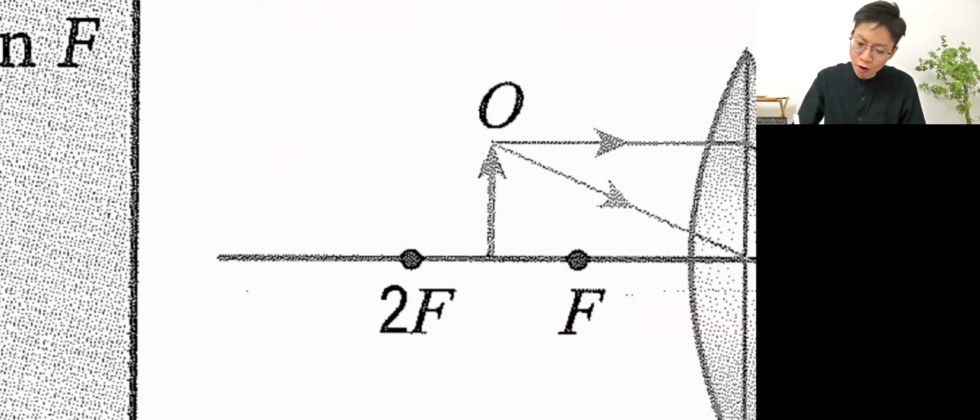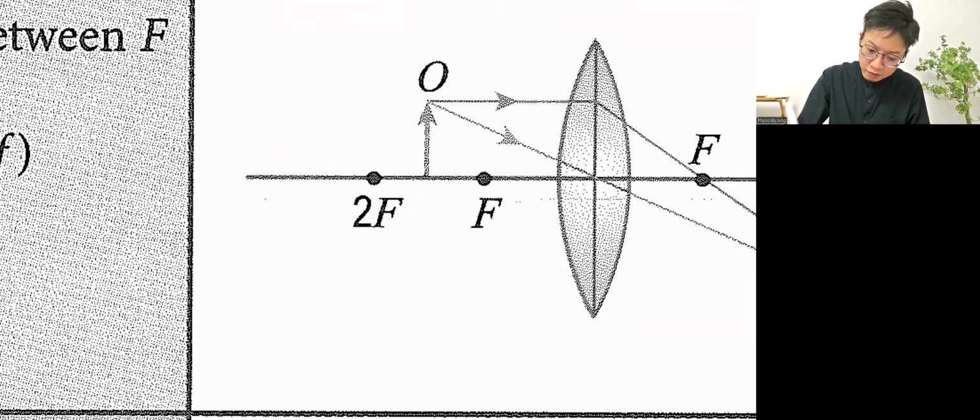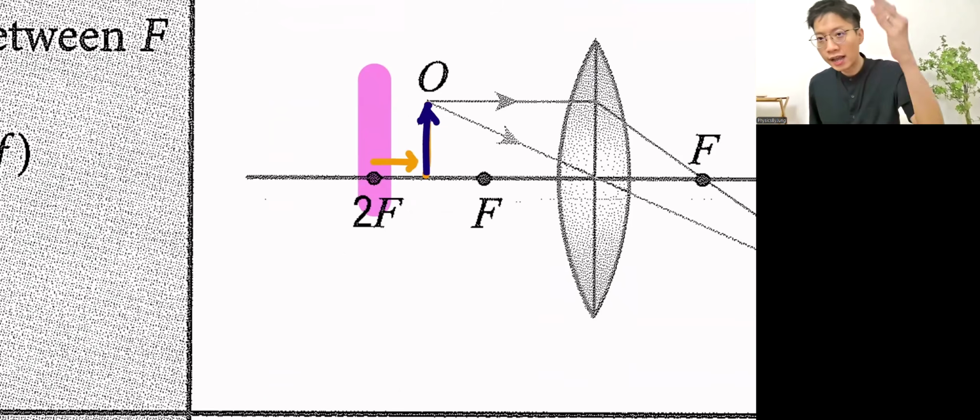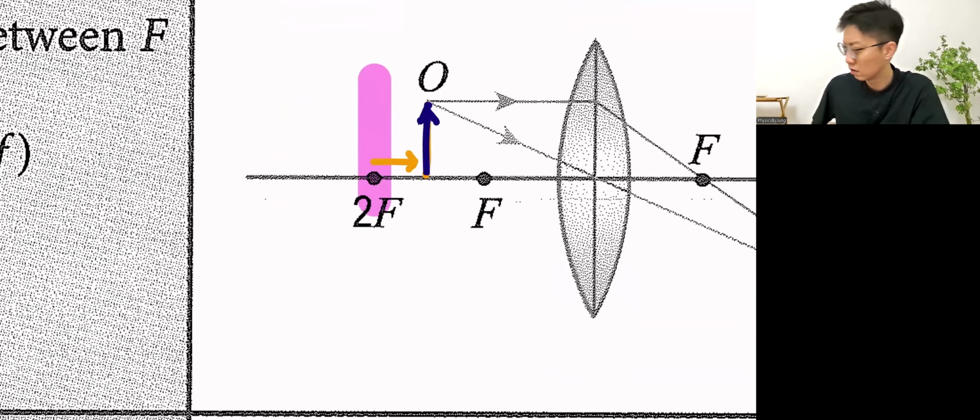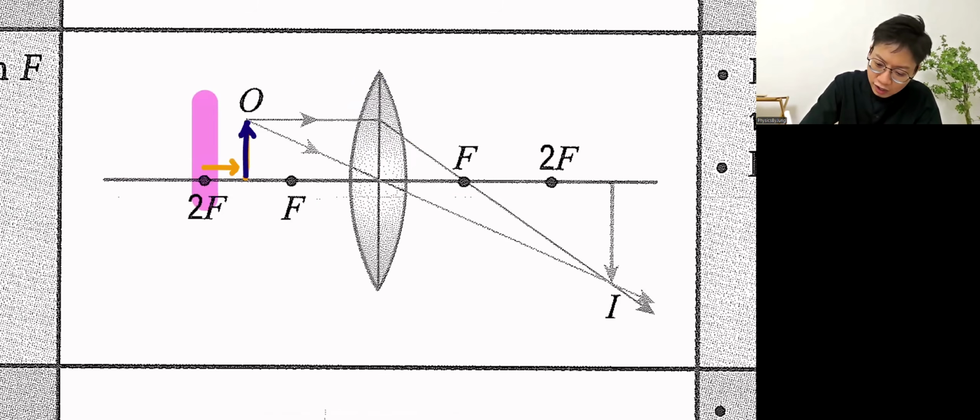Guys, if now my object is to the right of 2F, that's where my image will be. It will be to the right of 2F also, right?